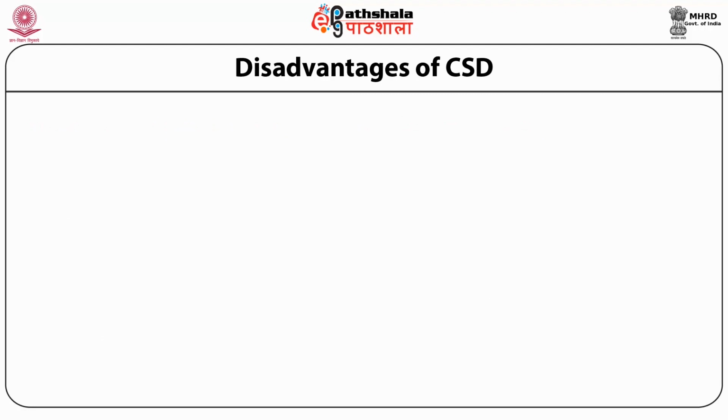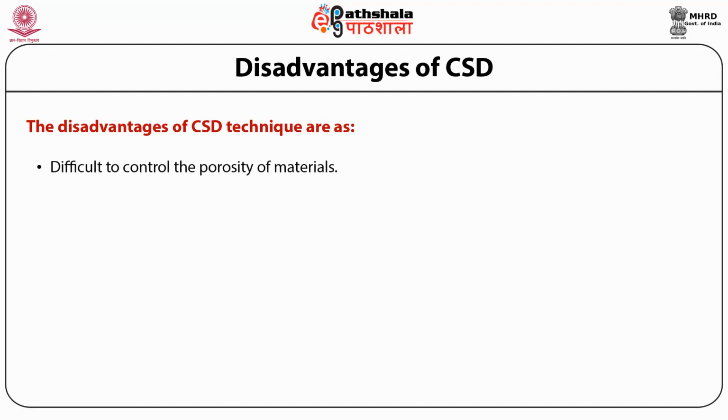Now, after seeing so many advantages of CSD technique, we should also know about the disadvantages of CSD technique, which are as follows: number one, it is very difficult to control the porosity of materials by using this technique. Number two, weak bonding, lower wear resistance, and high permeability.